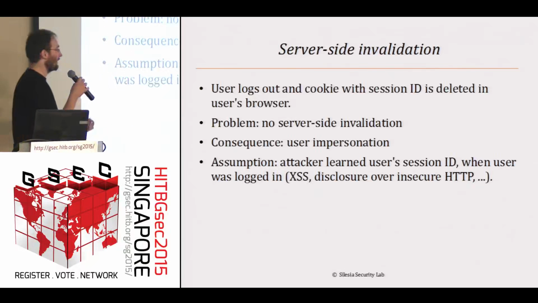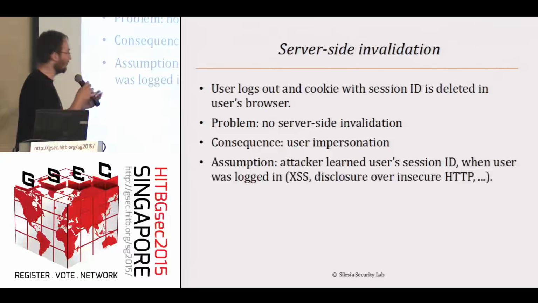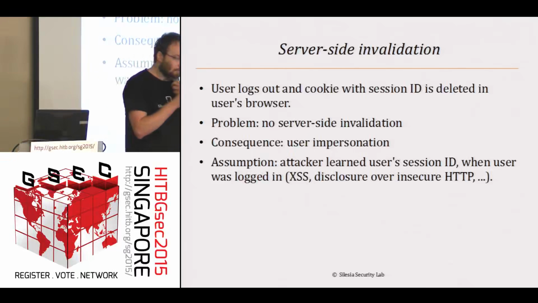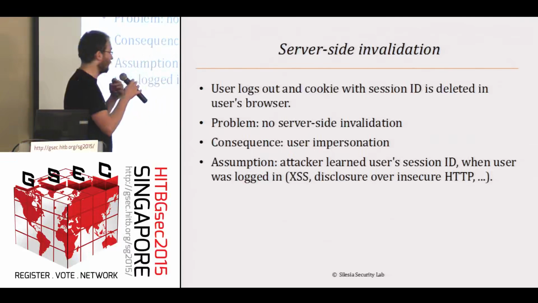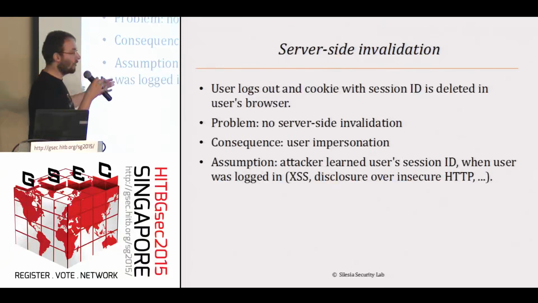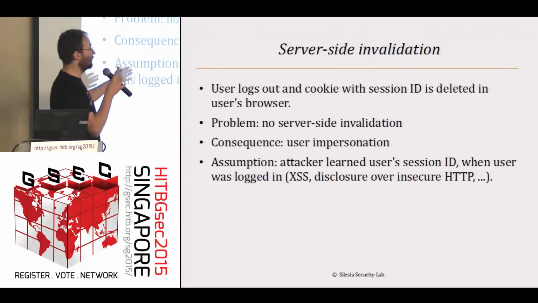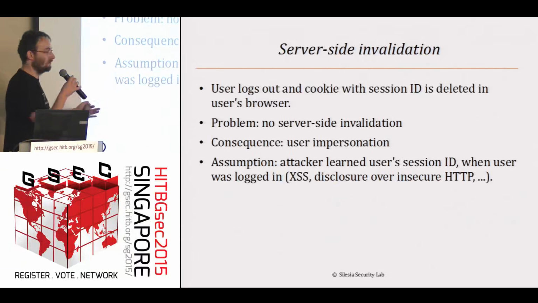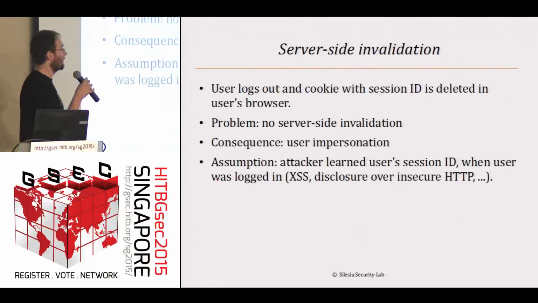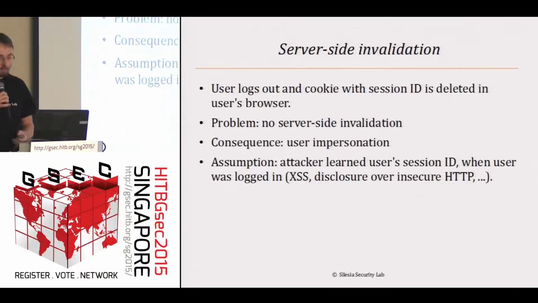We have a number of ways to extract the session ID of the user, for example, via XSS, disclosure over insecure HTTP, and so on and so forth. But what's interesting here is that even if the user is logged out, we can impersonate the user because we still have access to the user, although the user seems to be logged out, right? Because there was no server-side invalidation.